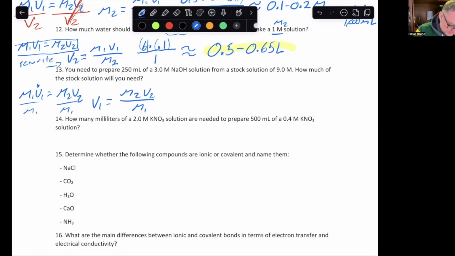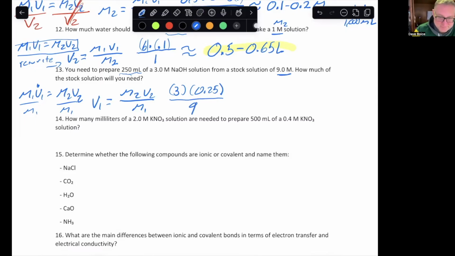So we have our M2 is 3 molar times 0.25 liters. Remember, 250 milliliters, we got to change that. And then we're going to divide that by 9 for 9 molar.